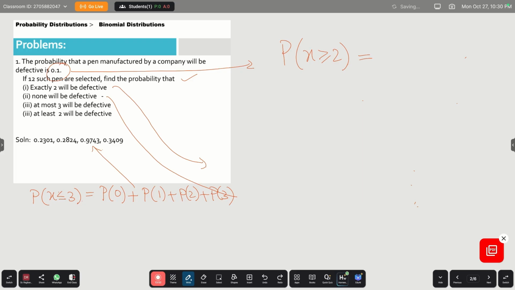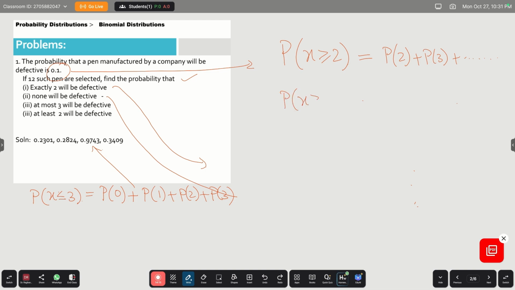So what are the values, different values x will take? X greater than or equal to 2 means it is 2. It can be 3 also, it can be 4 also, it can be 5 also, it can be 6, 7, 8, 9, 10, 11, 12. So too much calculation. Instead of doing this many calculations, we can use one more concept of complement.